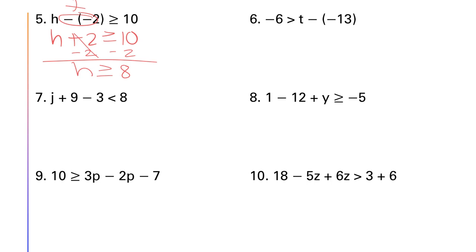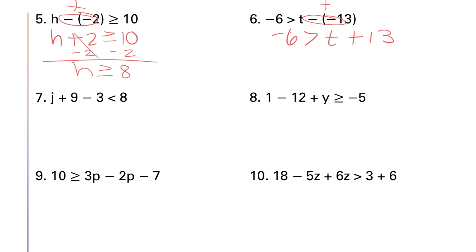Number 6, do I have the same problem as number 5? Do I have a negative and a minus together? So that's going to become positive. So it's going to be negative 6 is greater than t plus 13, correct?